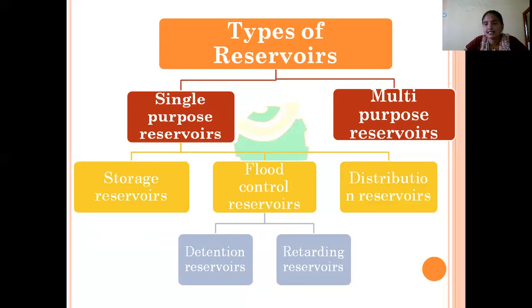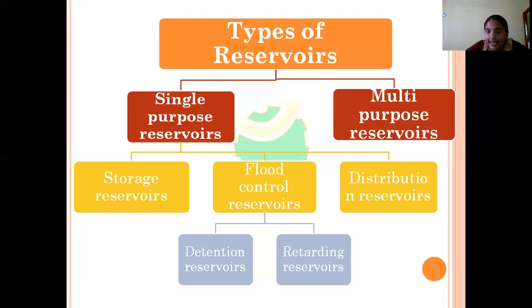So that is called a storage reservoir. Next, flood control reservoirs are constructed to arrest the flood water. Next, distribution reservoirs are constructed to distribute the water to different places like tanks.